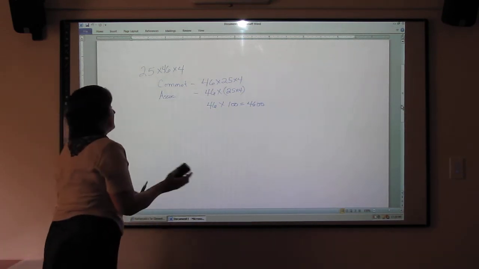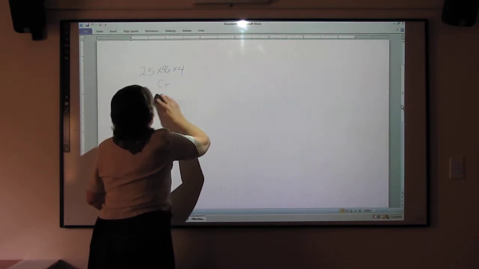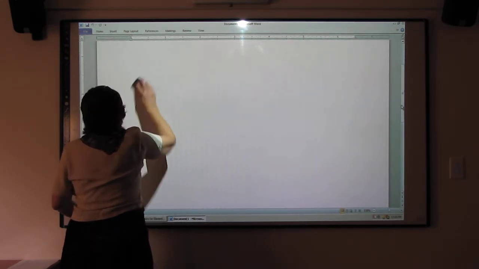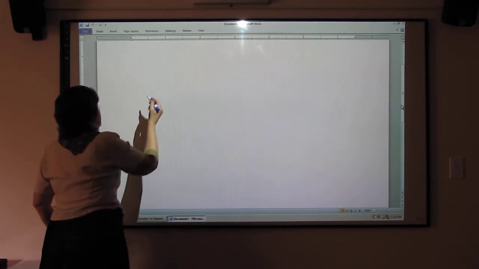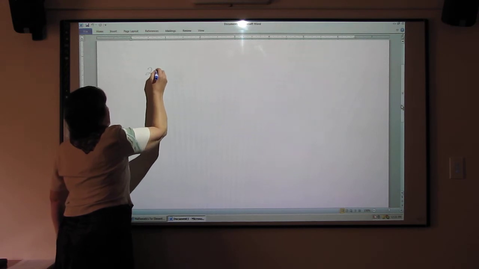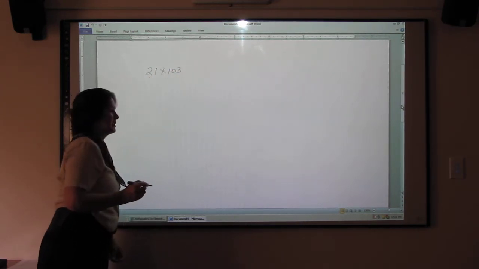The next principle for mental multiplication and division is the substitution. And this one is going to employ the distributive property, a new property in multiplication and division that we did not have in addition and subtraction.